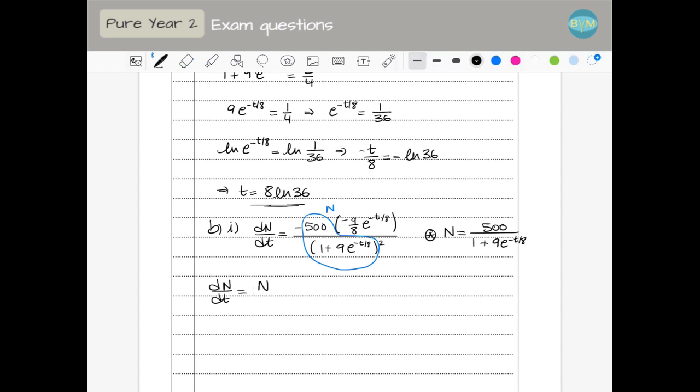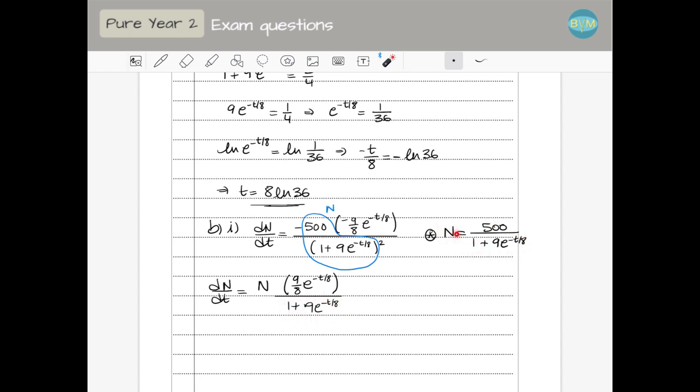So I have n multiplied by 9/8 e to the power of minus t over 8 in the numerator, and in the denominator I still have one of the factors, the 1 plus 9 e to the power of minus t over 8.